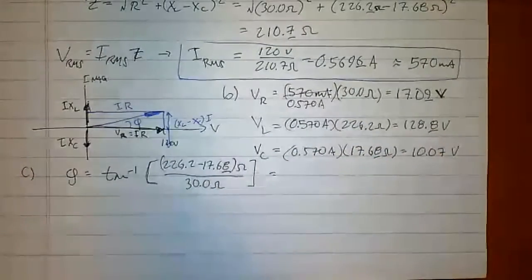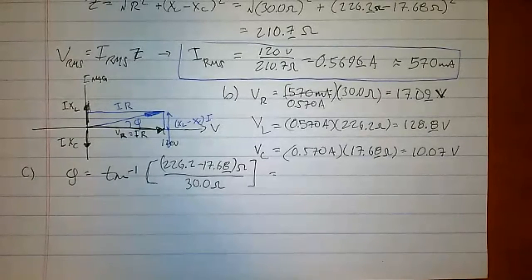So I should be able to take 226.2 minus 17.68, and then I divide that by 30.